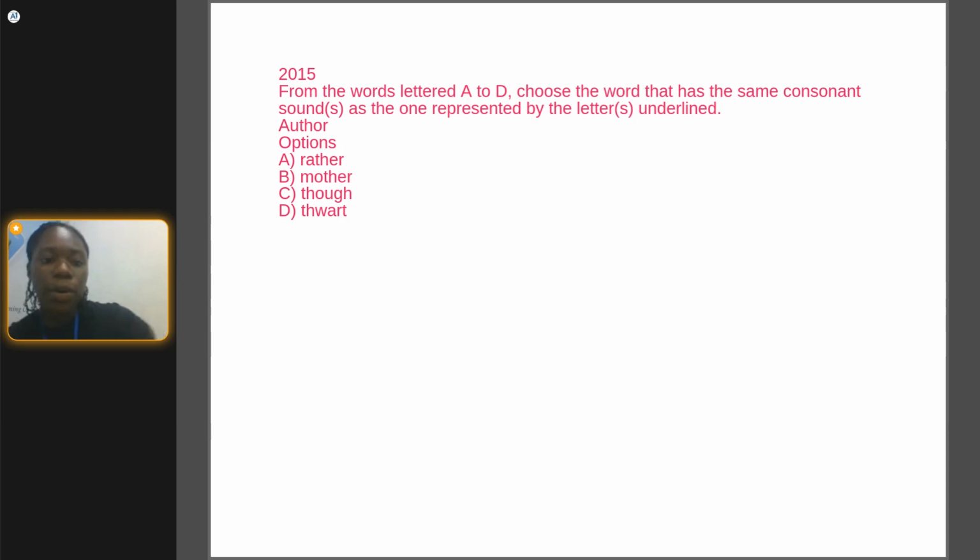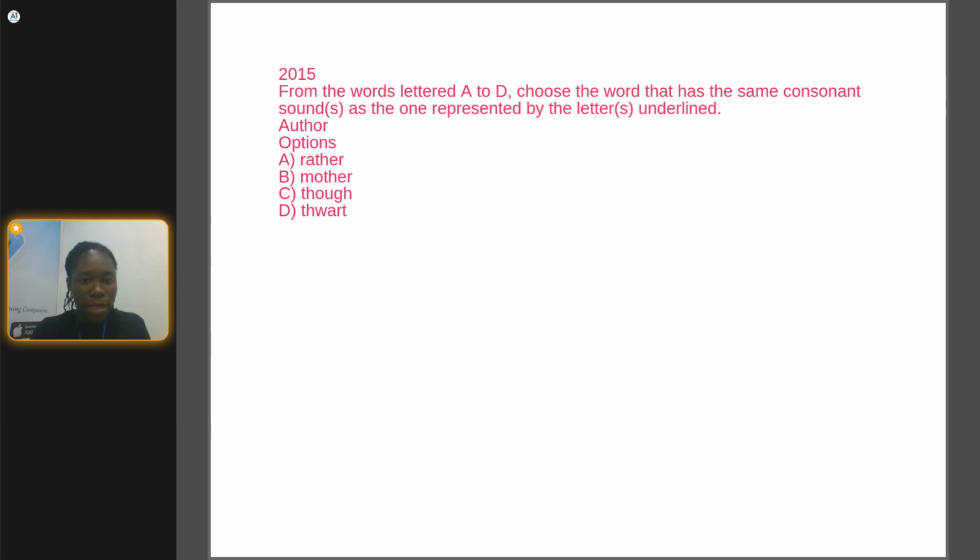I'm trying to have the question on the board. All right, it says from the words lettered A to D, choose the word that has the same consonant sound as the one represented by the letters underlined.